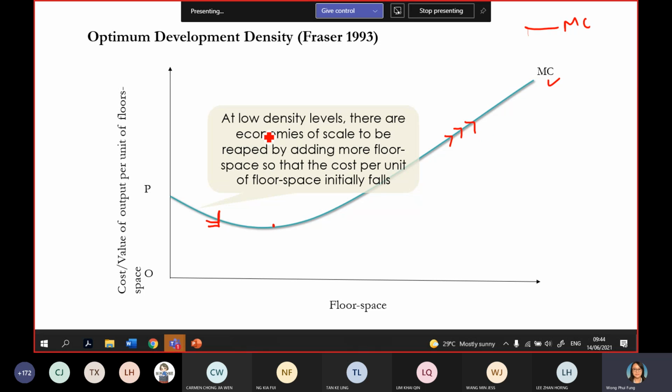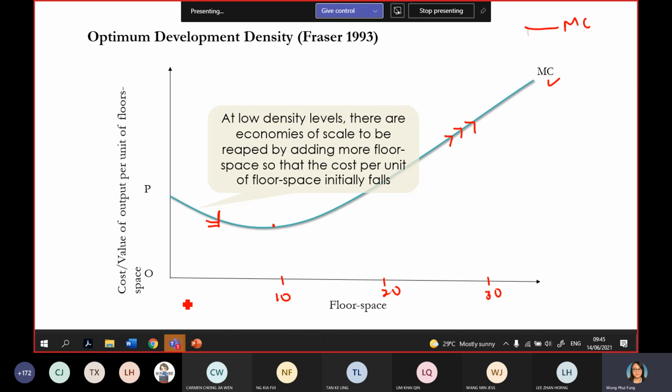Okay, so here at lower density level, there are economies of scale to be reaped by adding more floor space, so that cost per unit of floor space initially falls. So meaning to say that, okay, 10, 20, 30.